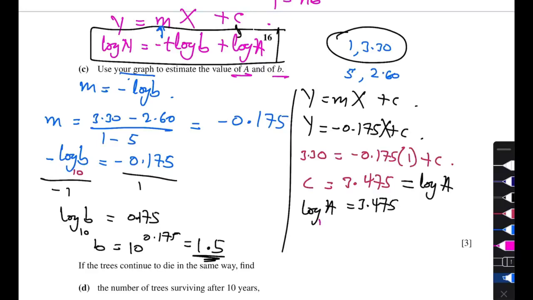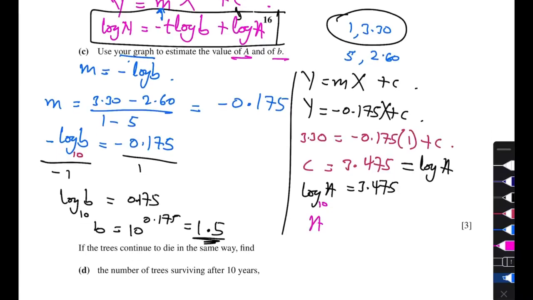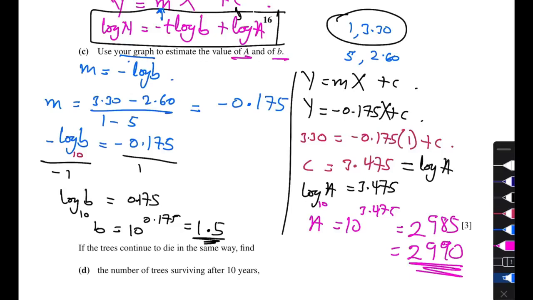Remember that log a is also base 10, so a will be 10 to the power 3.475. Put it on a calculator, and you will get 2985, and to three significant figures that will be 2990. So that is how to basically go about it.